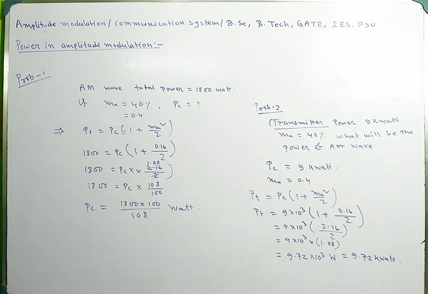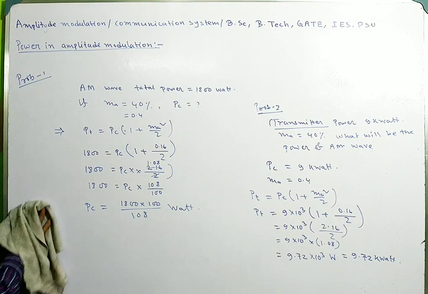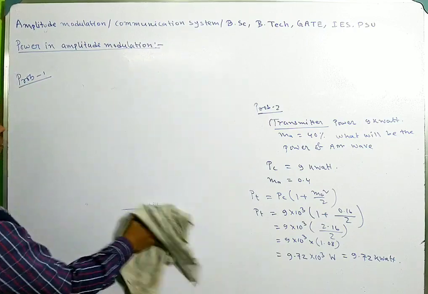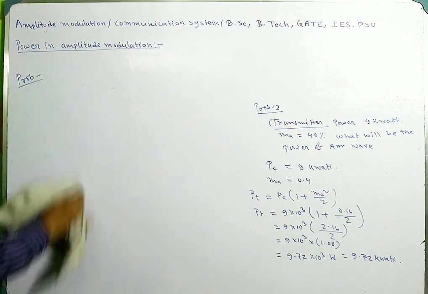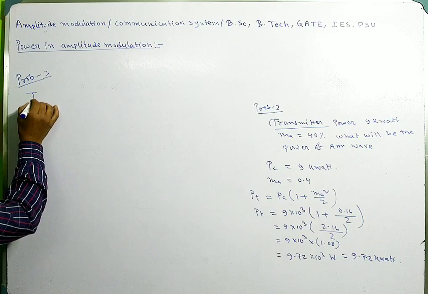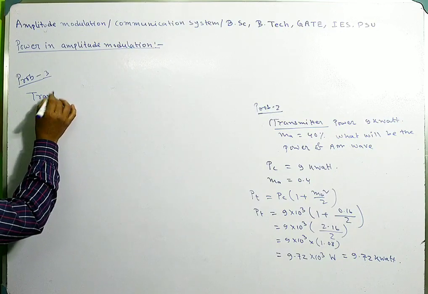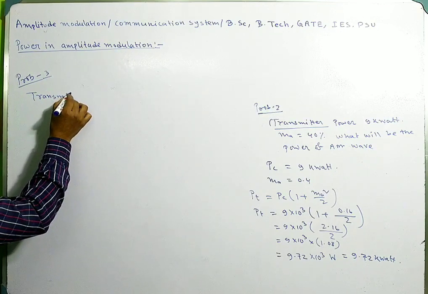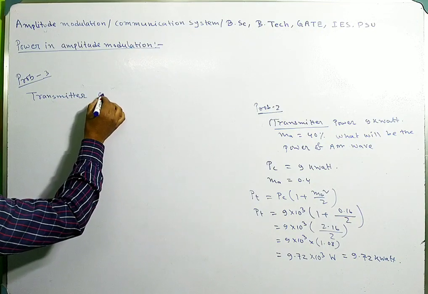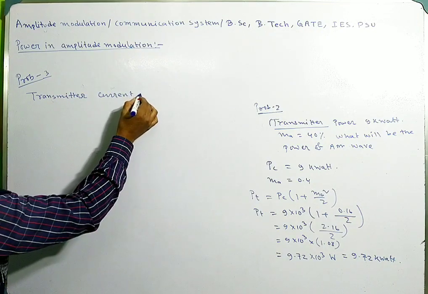Now you have another problem similar to problem number 2. Problem number 3: you have a transmitter, the current of this transmitter is given by 8 ampere.